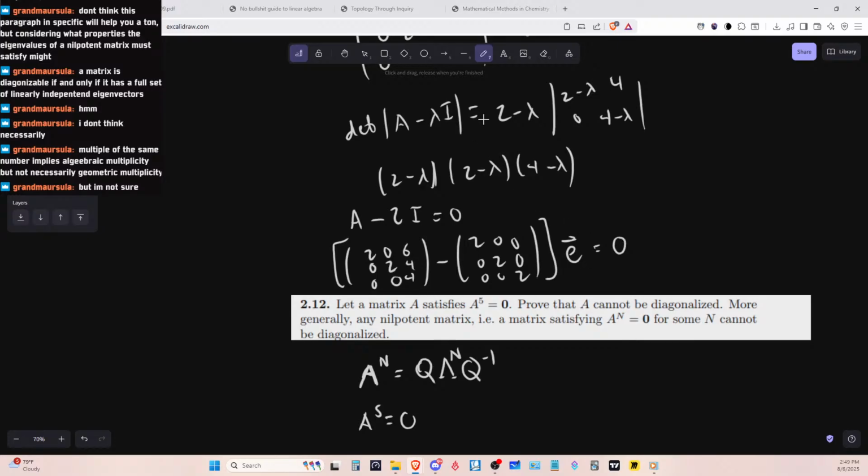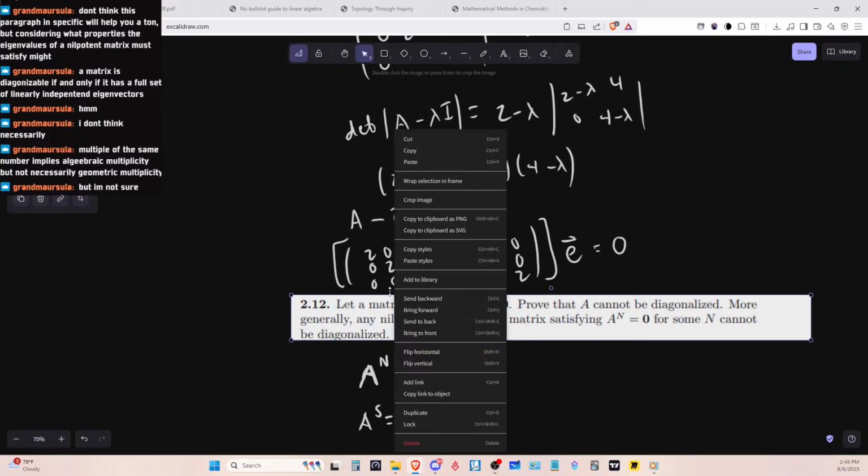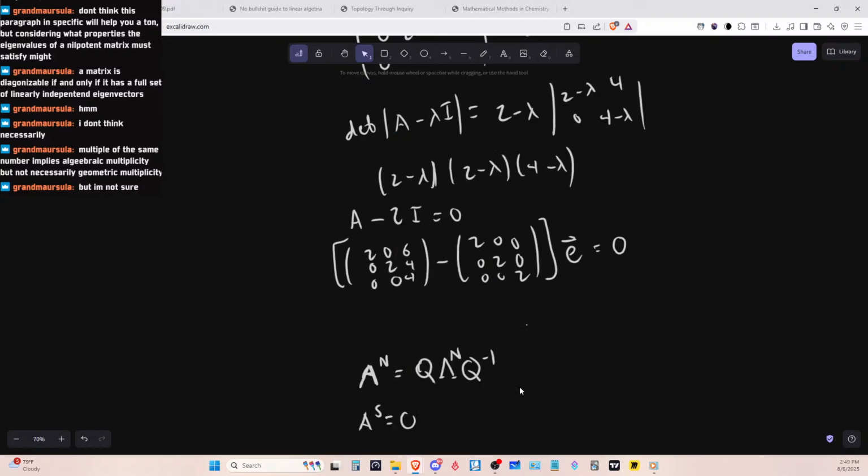We'll remove this for now, and we'll erase this because I don't think we're quite finished, because we want to see if we actually get eigenvectors in this.